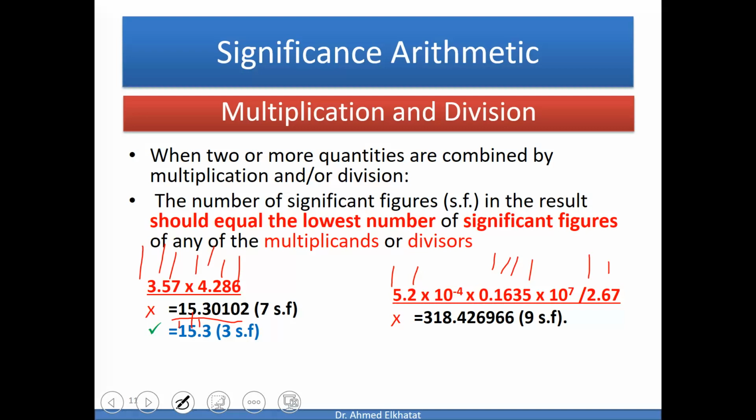But what I need is only 2 significant figures. So how to write it? So now 8 should be rounding up, so it will be 3.2 times 10 power 2 in terms of scientific notation, or if you want to write it in normal form, that's 320.